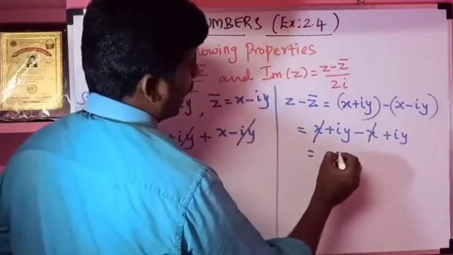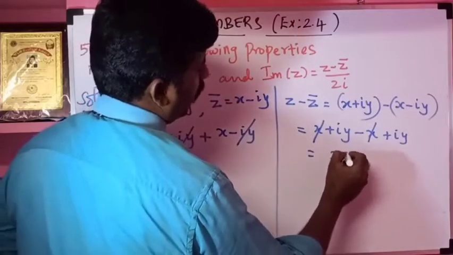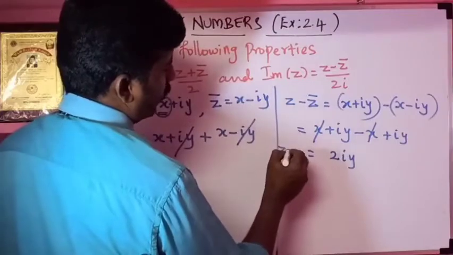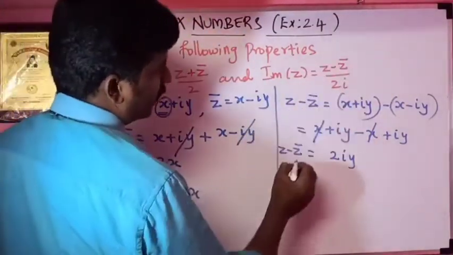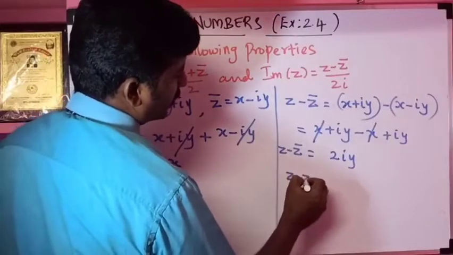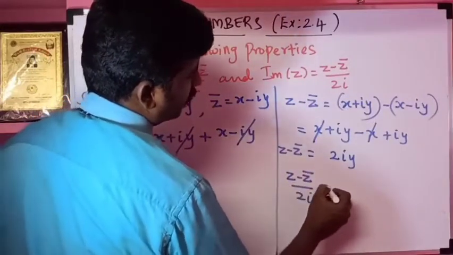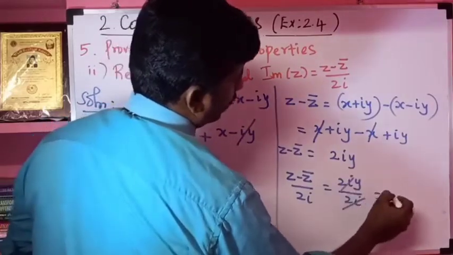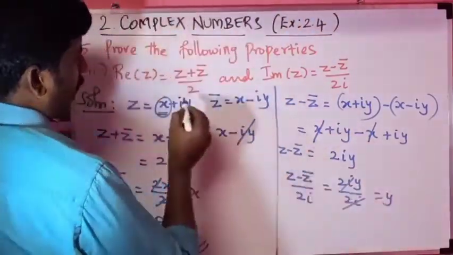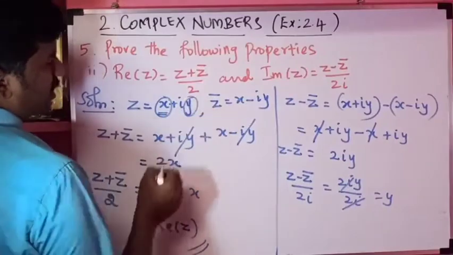This is iy plus iy, 2iy, right? So z minus z bar is equal to 2iy. இங்க க்வெஸ்டினல என்ன கொடுத்திருக்கு? 2i ஆல டிவைட் பண்ணுவோம். z minus z bar by 2i is equal to the 2iy by the 2i cancel.